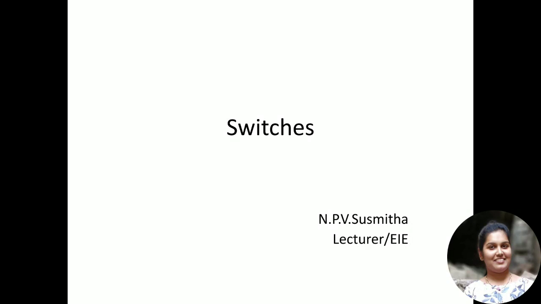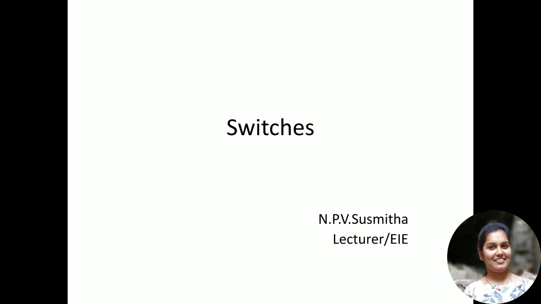So coming to the switches, if we see any circuit, we generally see one kind of switch or more than one kind of switch in any electronic circuit. So switch is a main component, or it makes a circuit come into action.